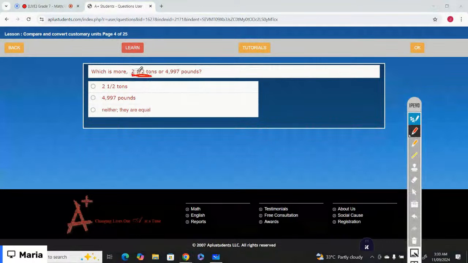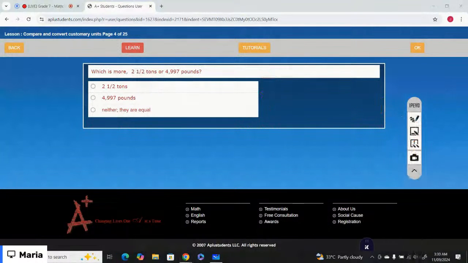Convert these to 2.5 tons, let's say, right? So 1 ton equals 2,000 pounds. So 2.5 times 2,000 is 5,000 pounds. So 2.5 tons is more than 4,997. The correct option is option number 1.